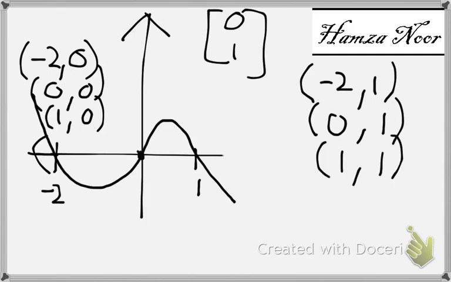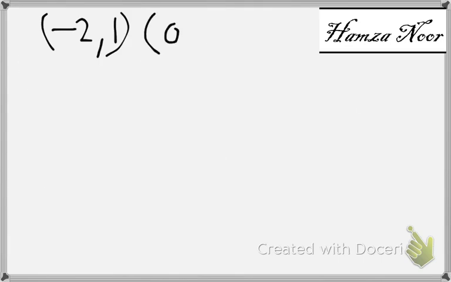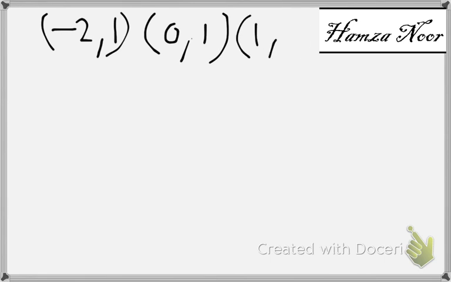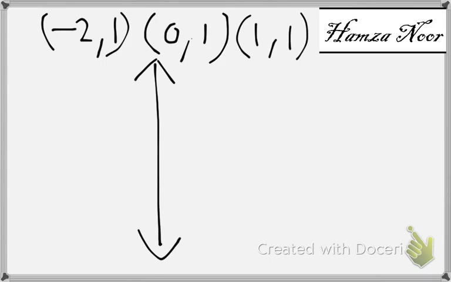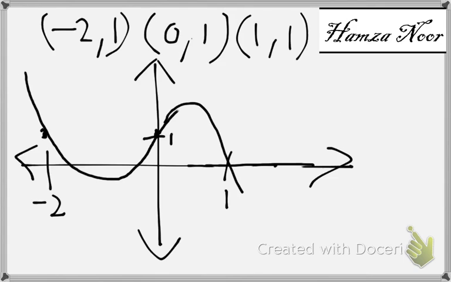Now just sketch this graph. This graph has moved vertically upwards with a translation of (0, 1).